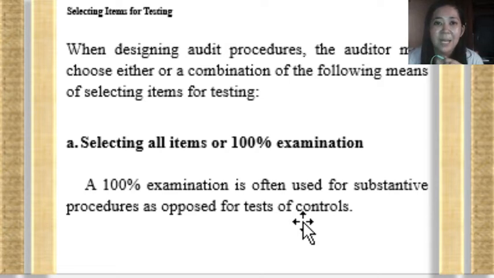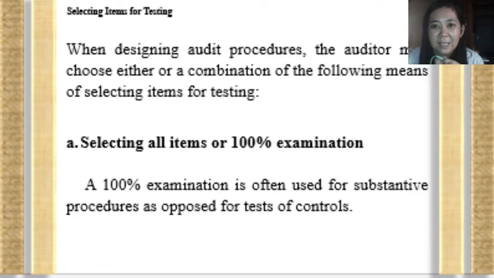So he will not be evaluating everything about internal control. He will just take a portion, a certain area, where he will test the operating effectiveness of the internal controls of the entity.